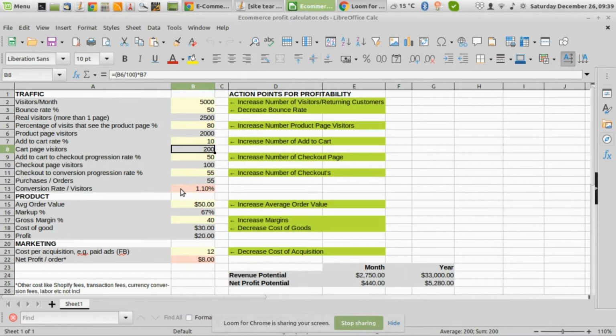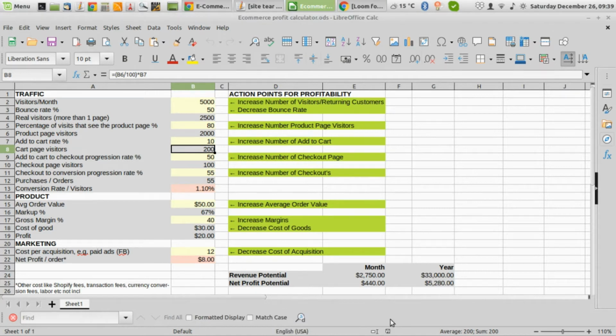Now keep in mind that not everyone who puts something in a cart has a buyer intention. A lot of people use the cart as a sort of wish list or as a reminder while they're still browsing your website. So they put it in a cart, they continue browsing, and at some point they might make a decision if they really want to buy from you or not.